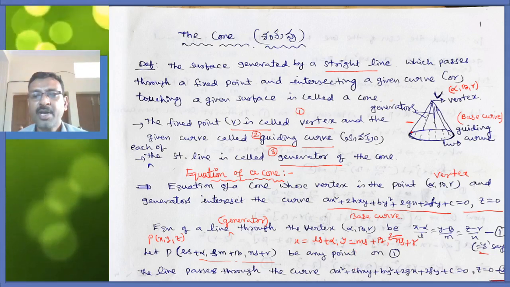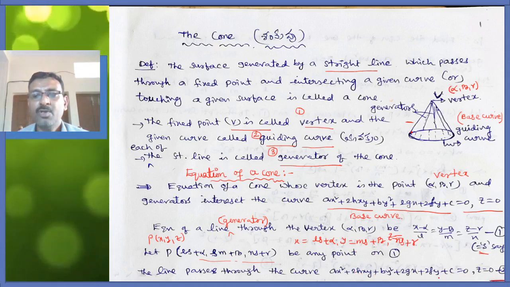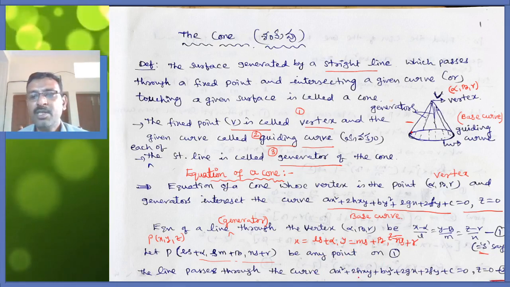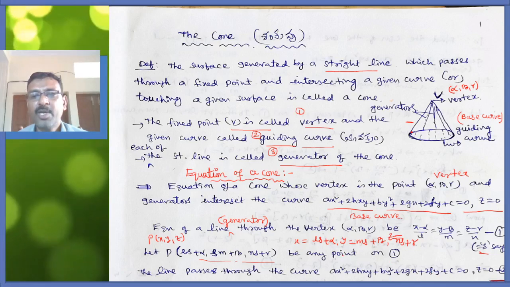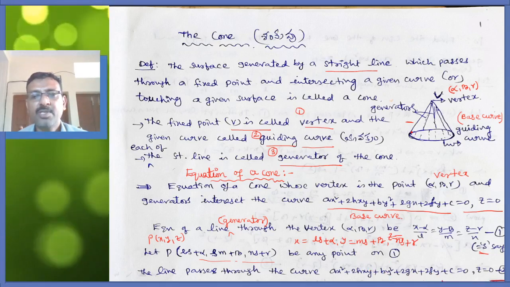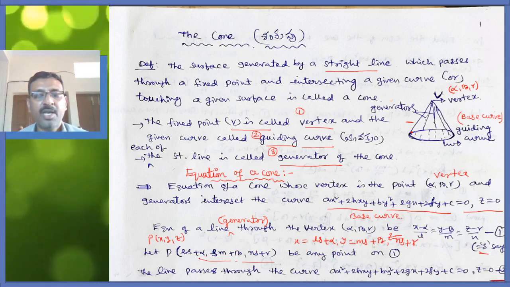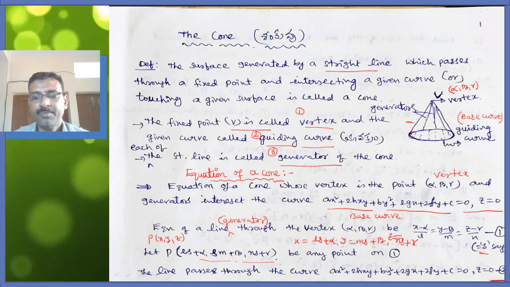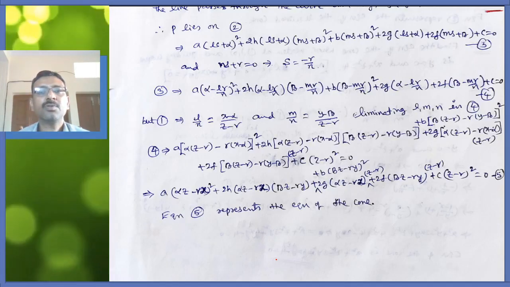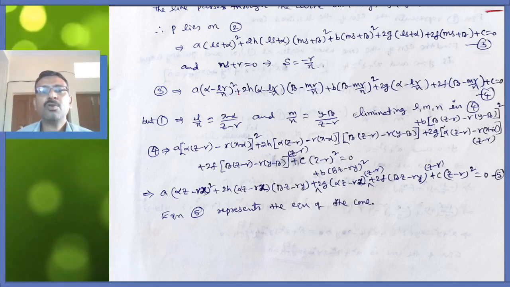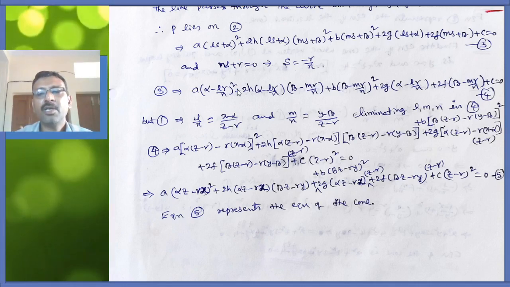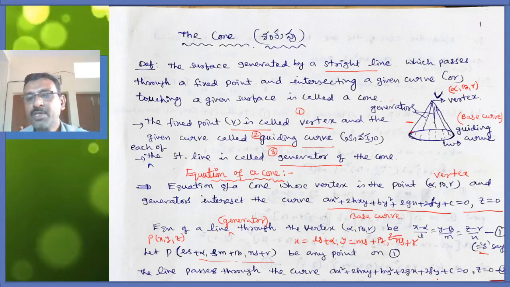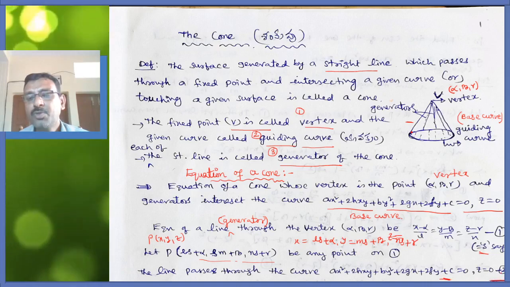So we substitute P in these two equations, that is, we replace x, y, z in the equations by l s plus alpha, m s plus beta, n s plus gamma. So, if P lies on it, these two equations of the base curve we have taken as equation 2.